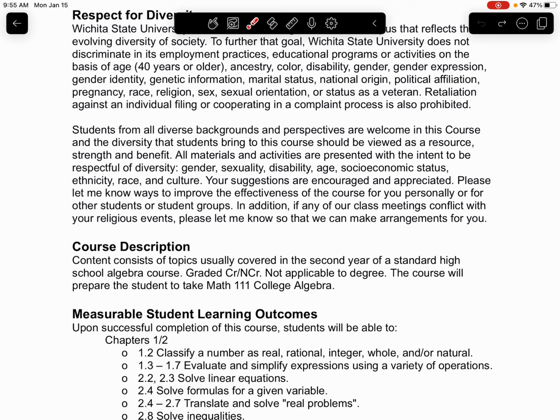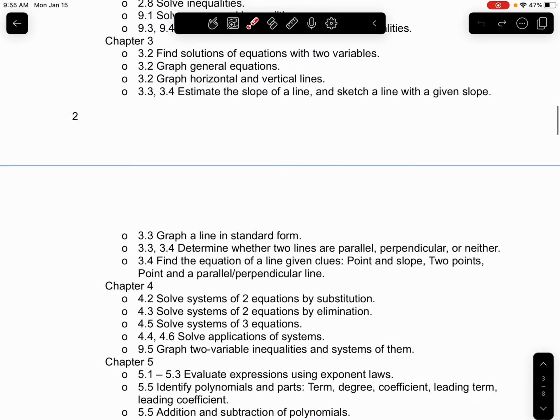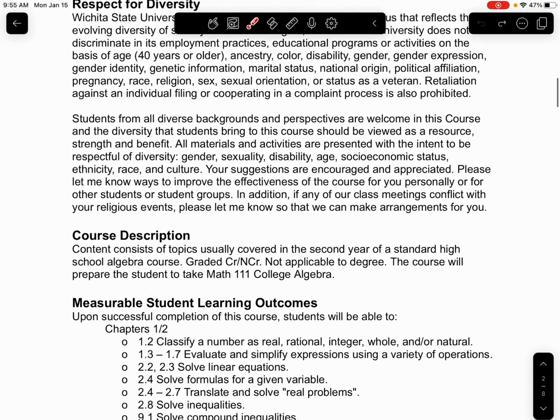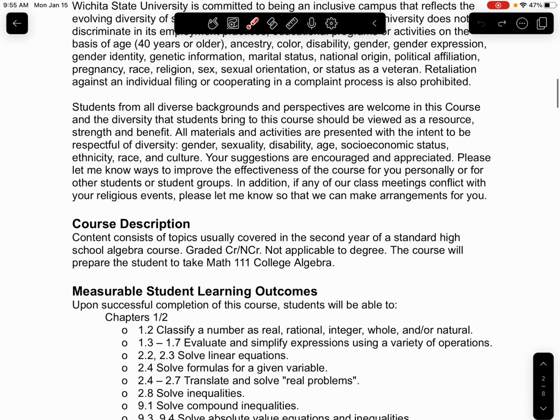What matters is that you have demonstrated that you have absorbed a certain amount of the material in this class so that you're prepared for college algebra. So the cutoff we have for that is 70%, and I can get into more details of that here in just a minute. But if you get higher than a 70%, you get credit for the class. If you get lower than a 70%, you do not get credit for the class.